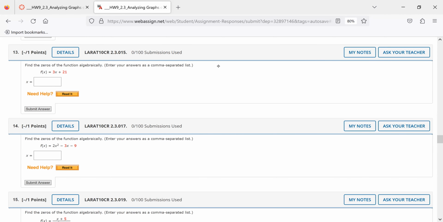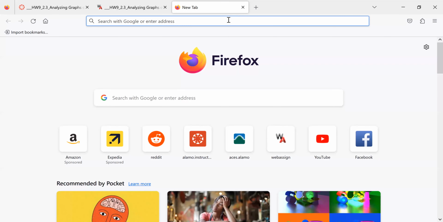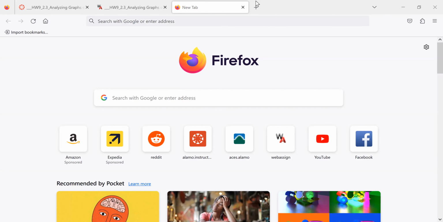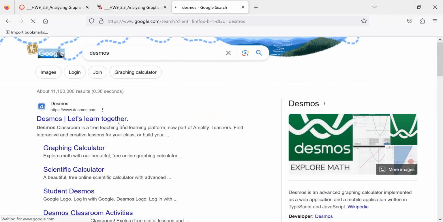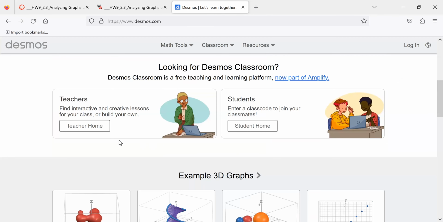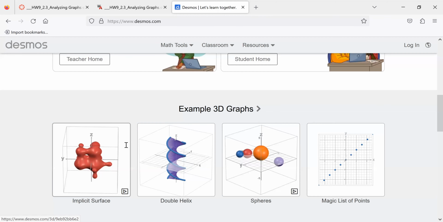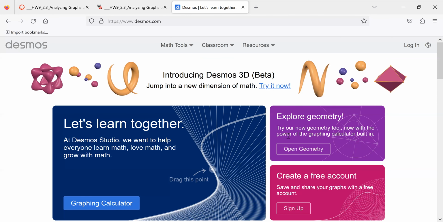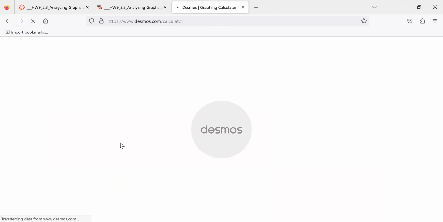Zeros. We should probably use the graph to help us out here. There it is.